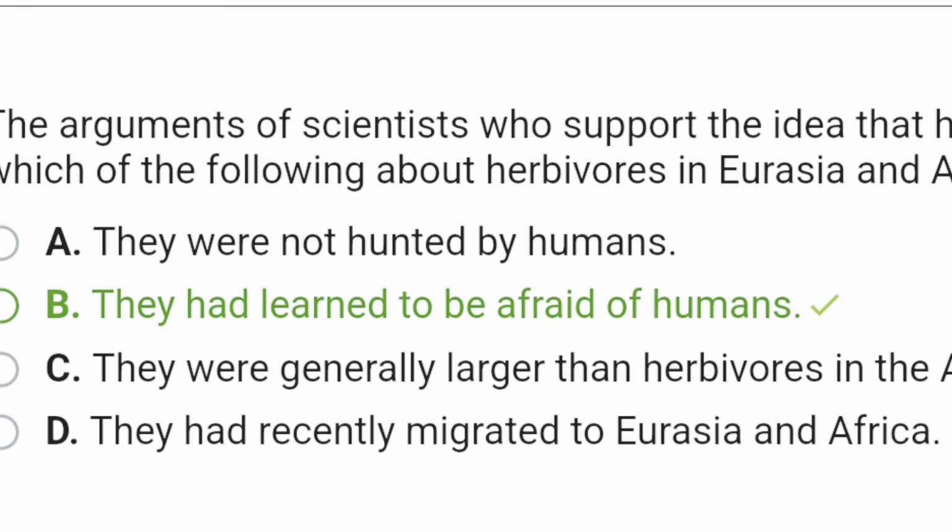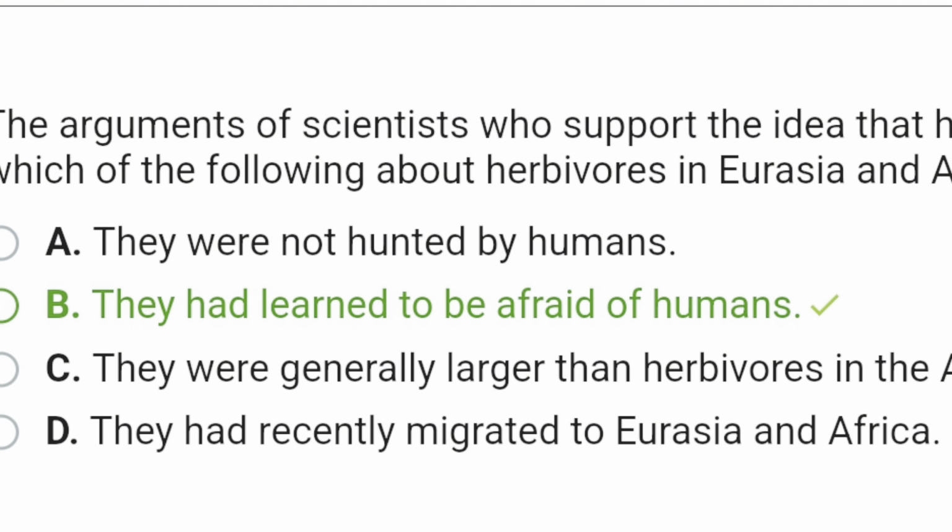Is it due to human hunting or other reasons? If it's human hunting, what is the evidence for that? So you have to look in the passage.